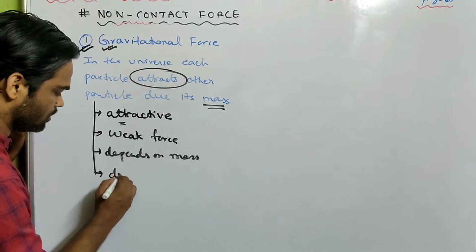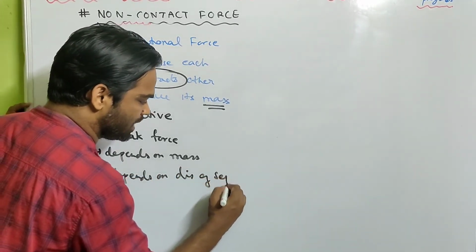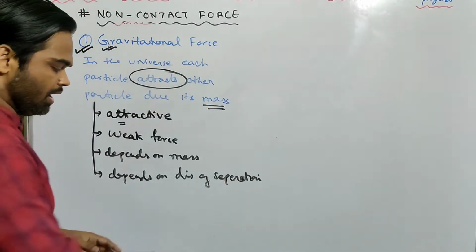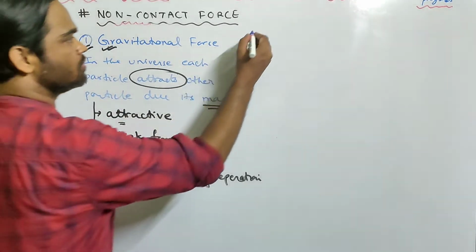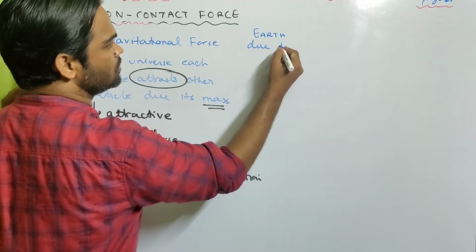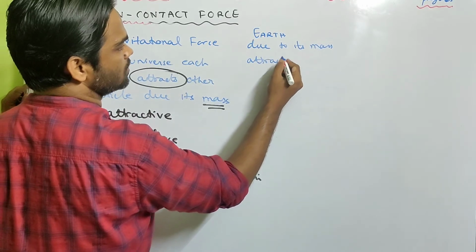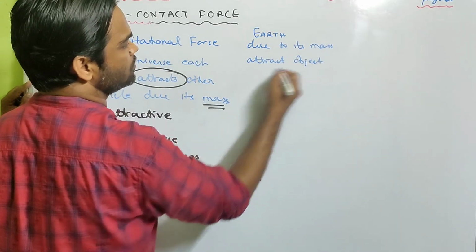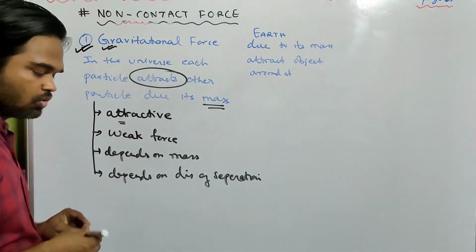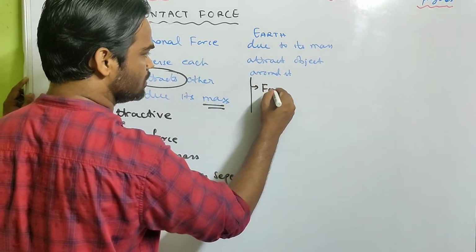And it also depends on the distance of separation of the body. Now, Earth also, due to its mass, attracts objects around it, and that force is known as force due to gravity.